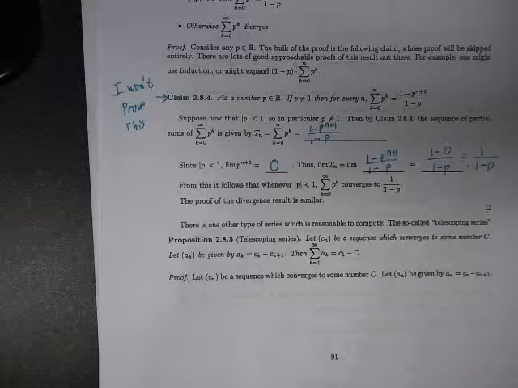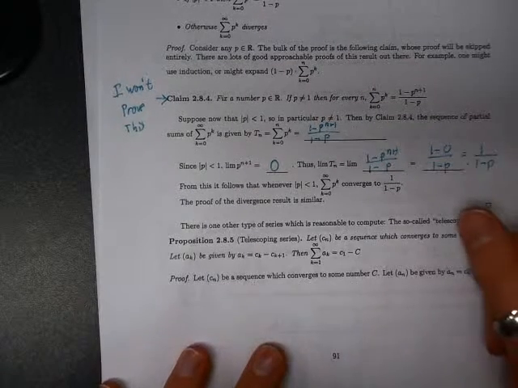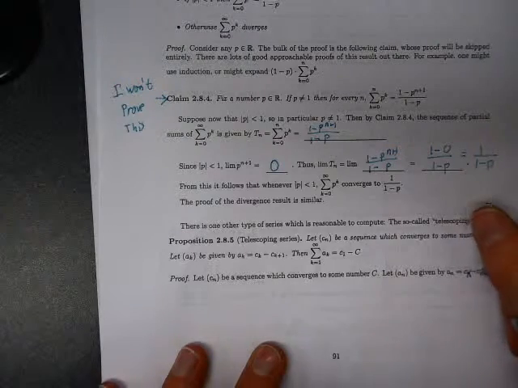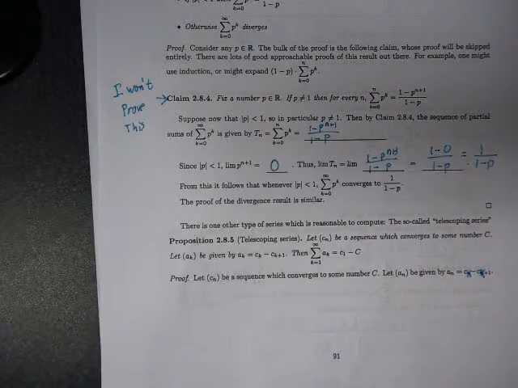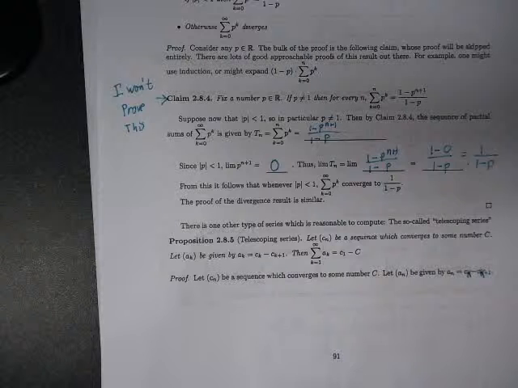And let's try to prove that. Let c_n be a sequence which converges to some number c. Let a_k be a sequence given by a_k equal to c_k minus c_{k+1}. A sequence where the independent variable is k can't be the same as a sequence where the independent variable is n.